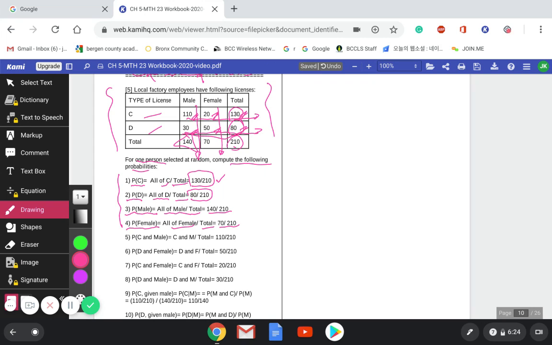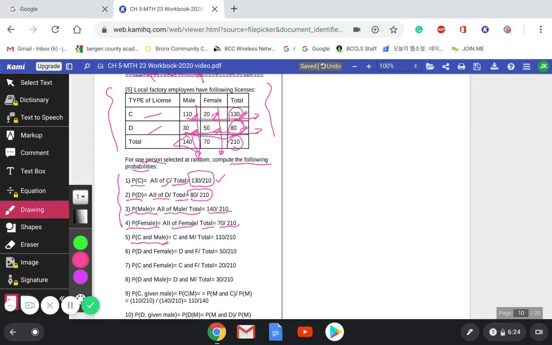What if you want to find the probability that one person not only has a C driver license, but also is a male? So it's like compound events. In table format, it goes like this.